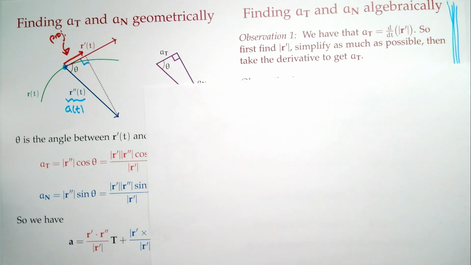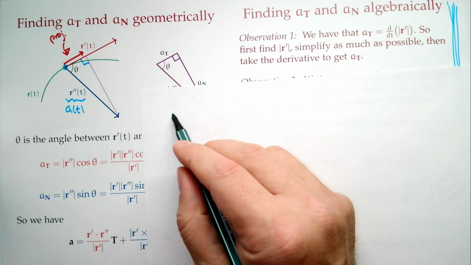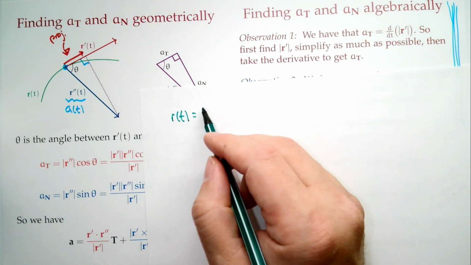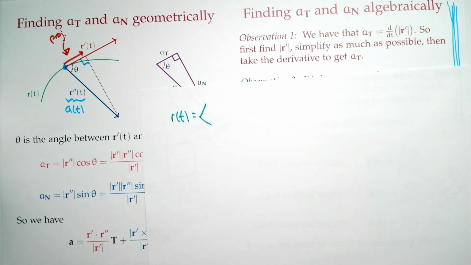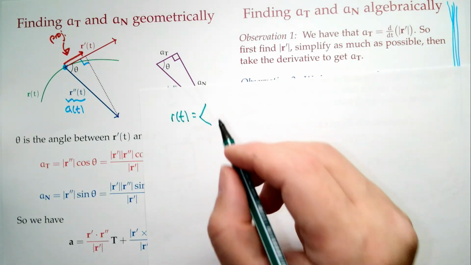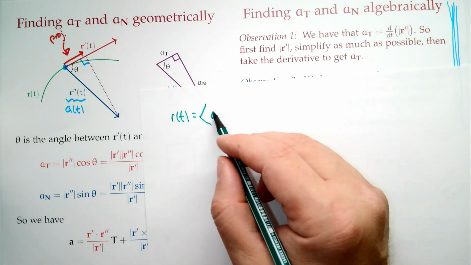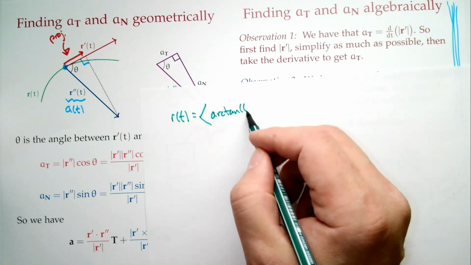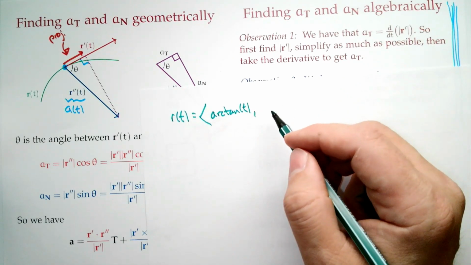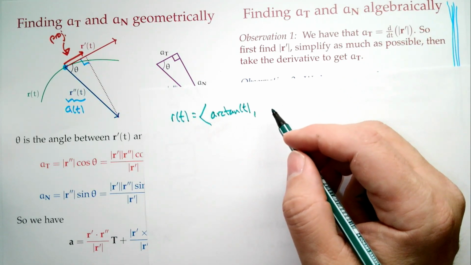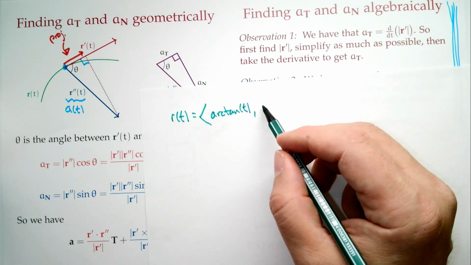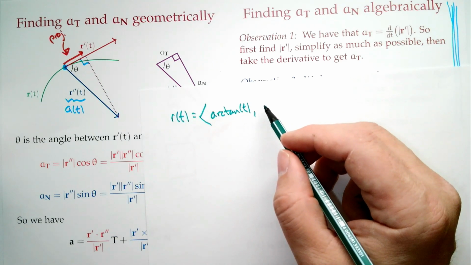All right. You almost never make up an example on the fly, right? Okay. So let's pick an r of t and make it unpleasant. I said make it unpleasant. All right, arctangent. Arctangent of t. All right, what's the next term? Okay. Do you know the derivative of arc cosine?